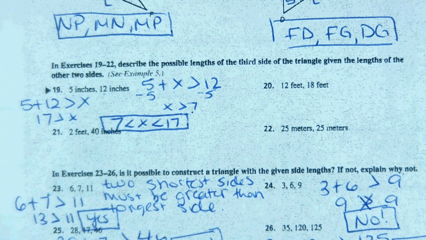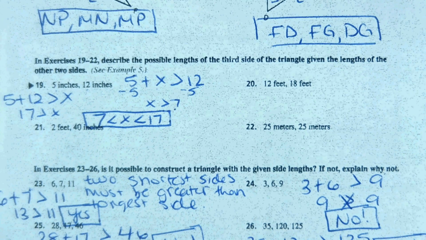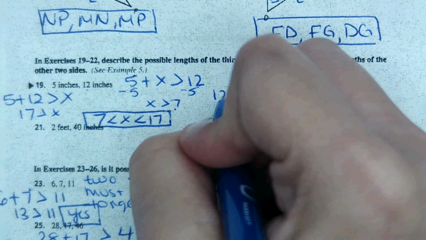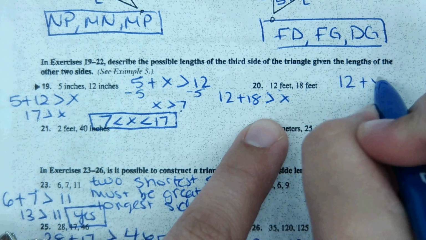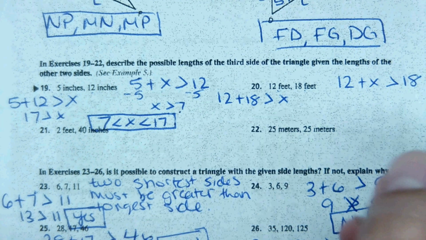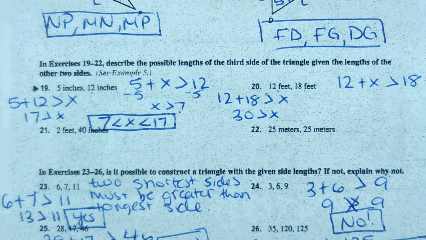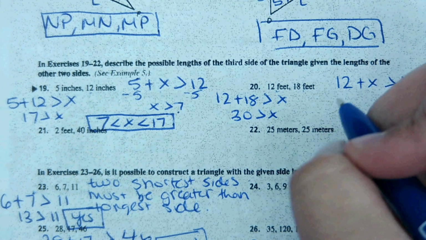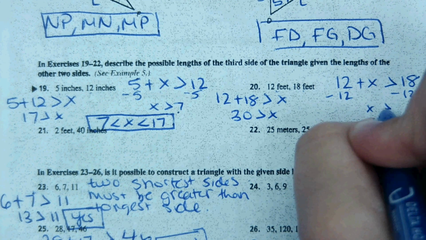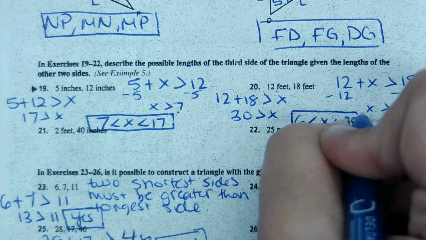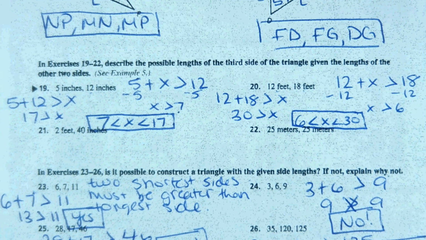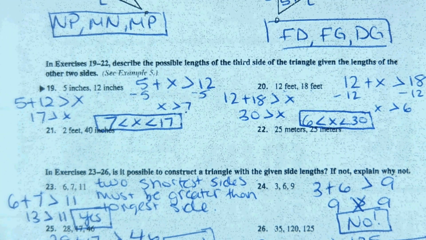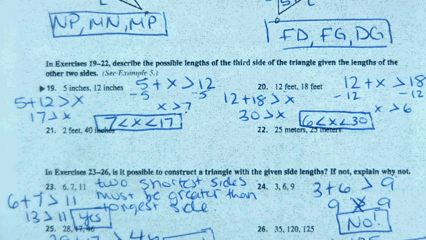And so we're going to repeat the same process. So assuming these are the two shortest sides, 12 plus 18 would have to be greater than x, or 12 plus x would have to be greater than 18. At this point, just repeating that same process.